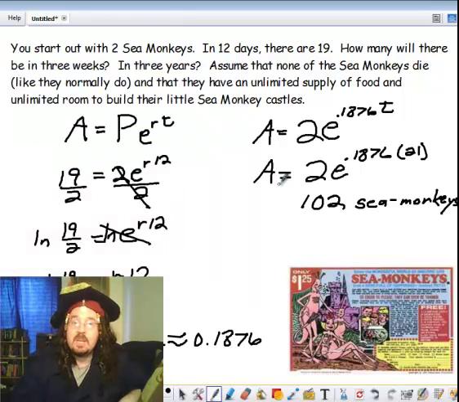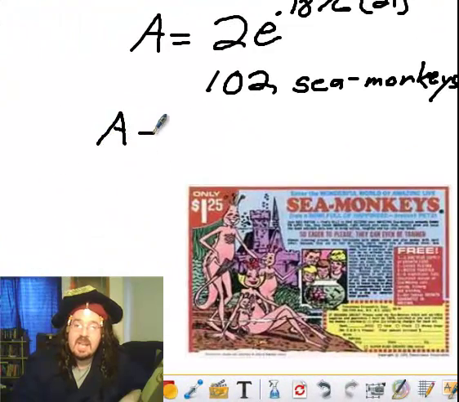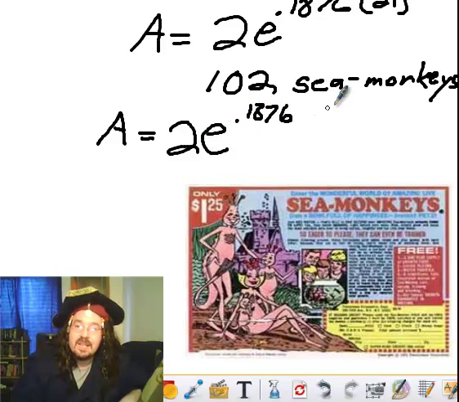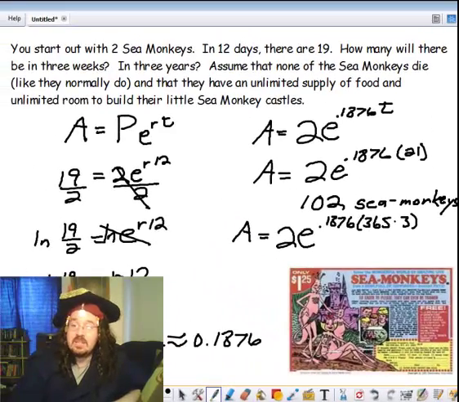And now it says, how many will you have in 3 years? Well, in 3 years, I have A equals 2 times e to the 0.1876. And then years, well, there are 365 days in a year, so I multiply by 3 years. And I won't do that in my head, I'll put that in the calculator.